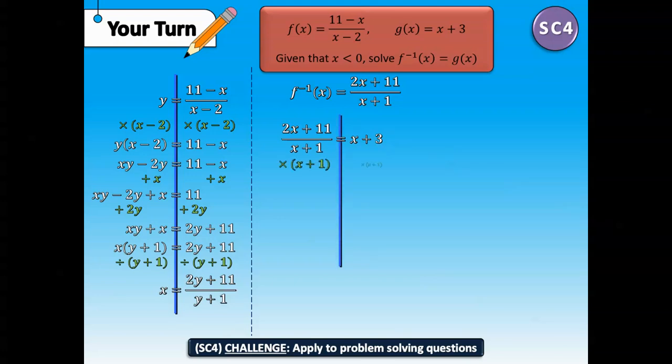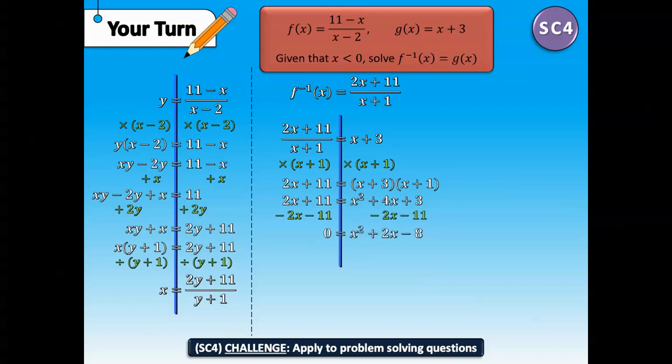So we times both sides by x plus 1. Then we take 2x off both sides and take 11 off both sides. So x squared plus 2x minus 8 equals 0. So we've got a quadratic that we can solve. Factorize it into two brackets.